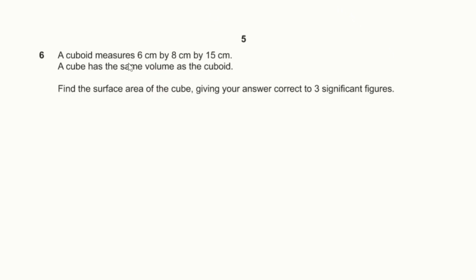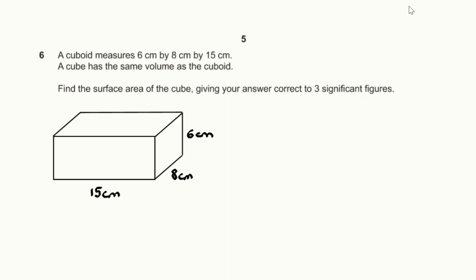Question number 6. A cuboid measures 6 cm by 8 cm by 15 cm. A cube has the same volume as the cuboid. We have to find the surface area of the cube, giving an answer correct to 3 significant figures. Here we've got the cuboid.